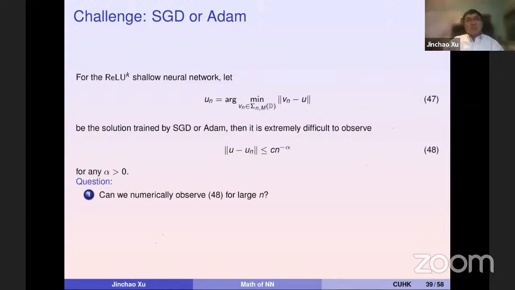I'm sure many of you, I see quite a few people in the audience today, know that one of the most popular methods used is SGD or maybe some variation, the Adam method. And it has been extremely difficult for us to see, if you increase the number of neurons, if you use your optimization, to get some kind of asymptotic rate numerically.